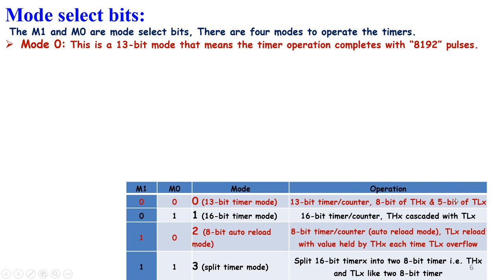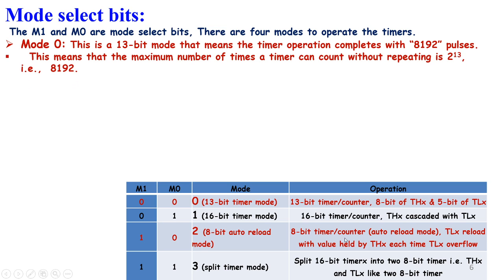So this is the operation of 13-bit timer mode 0. When it is 13-bit, 2 raised to 13, that means 8192 pulses can be counted or a delay can be generated by using mode 0.